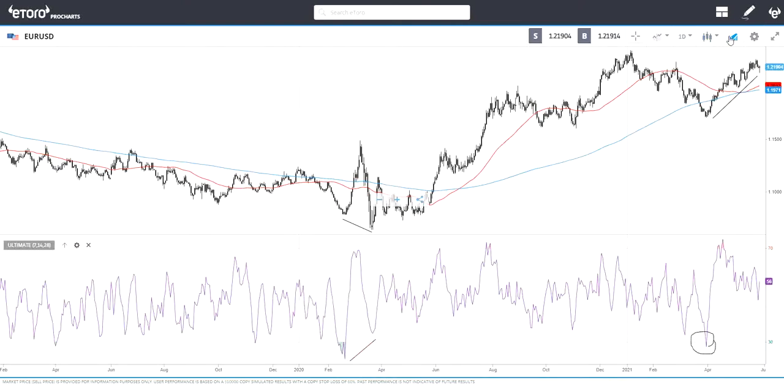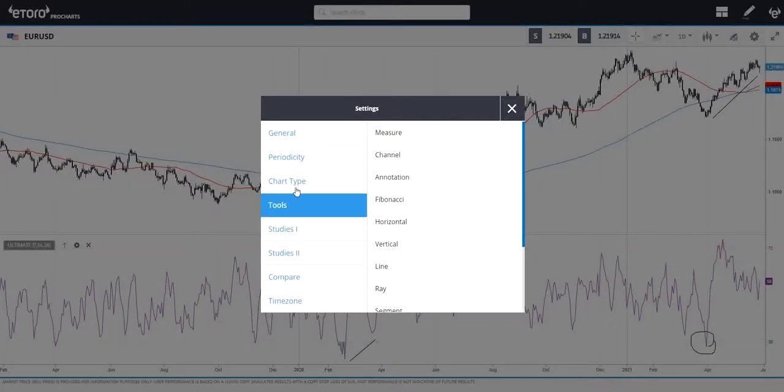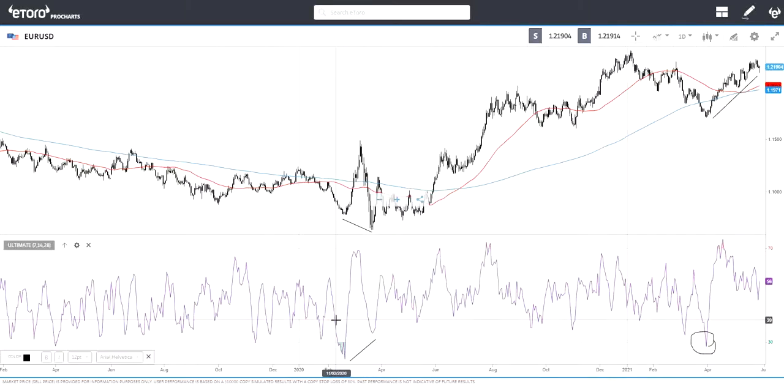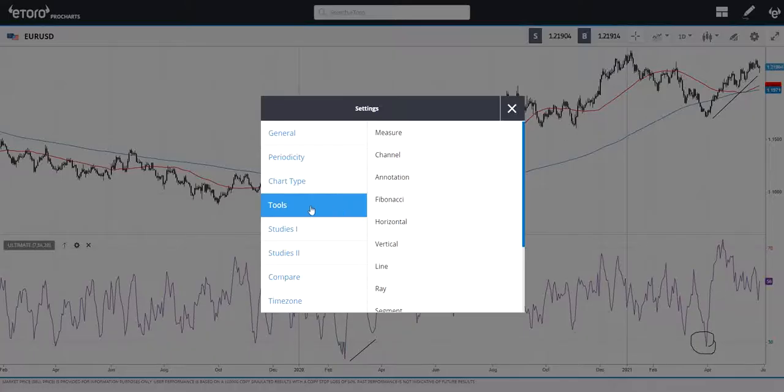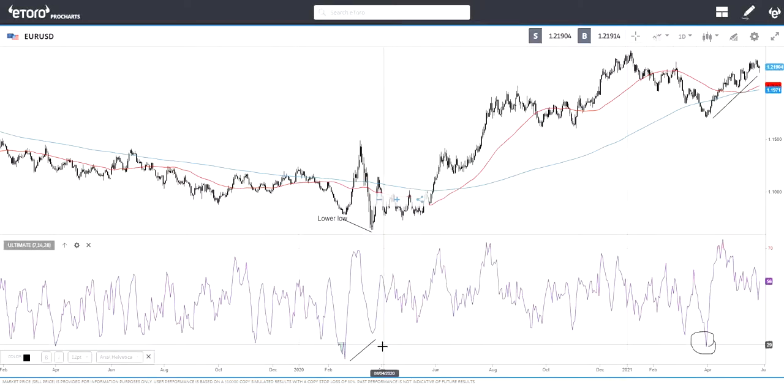So I'm adding a note here, just the annotation. You can see this is making a lower low, and on the other window we are making a higher low.